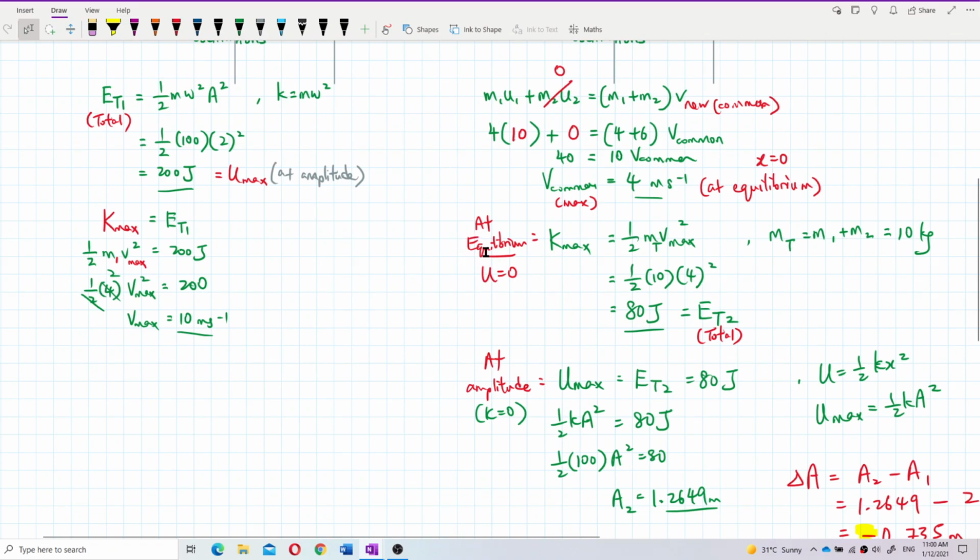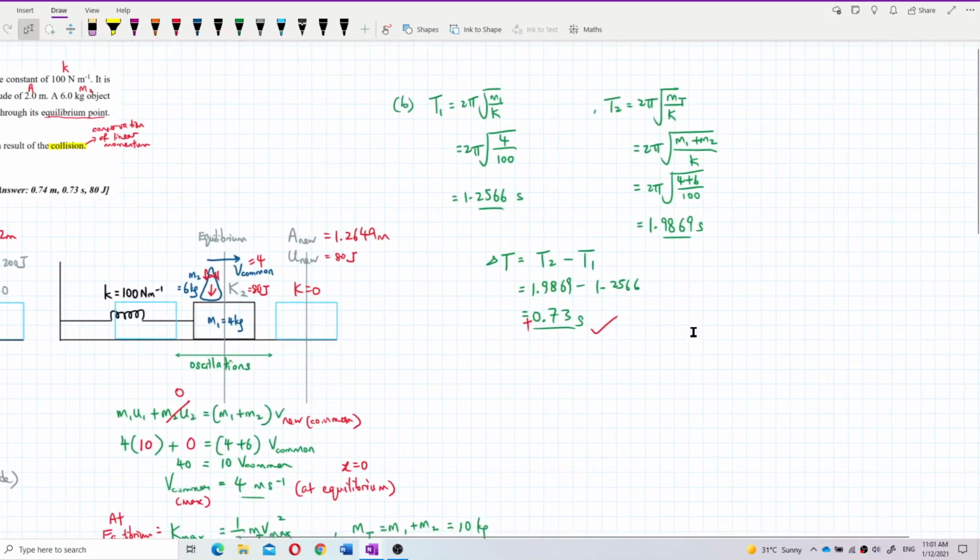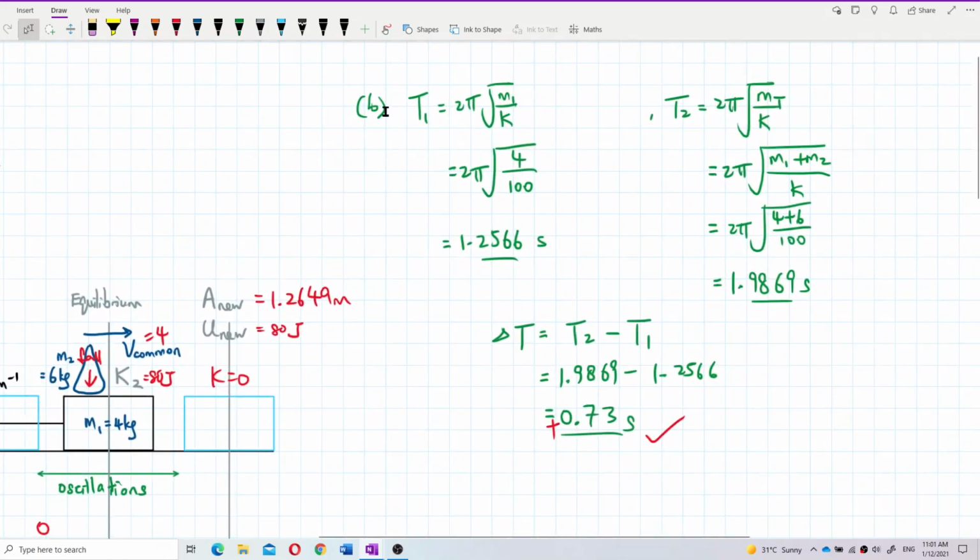At equilibrium, the kinetic energy is maximum but potential energy is 0. At amplitude, the kinetic energy becomes 0 but potential energy becomes maximum. That's the key for everything here. Then just use this formula, period equals 2 pi square root m over k for the spring mass system.